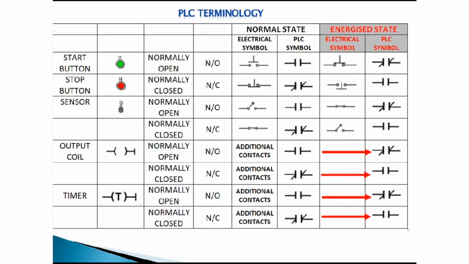Now, they could be either normally open contacts or normally closed contacts, as we will see when we are programming. And once again, if the output coil has a normally open contact associated with it, when it's energized, it closes. And if it has a normally closed contact associated with it, when it energizes, it opens. I've listed all of those for you in the table as well.